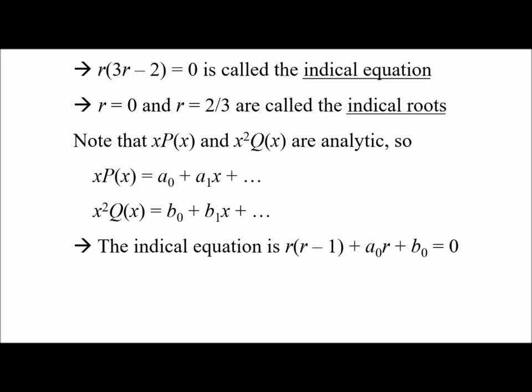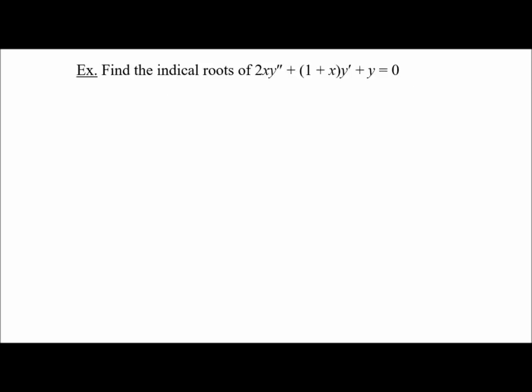Okay, so let's say, again, the directions don't tell me to solve it. They just tell me to find the indicial roots. Okay, so this is really when we want to find p of x and q of x. This is really the only time where we actually want to divide by that 2x.